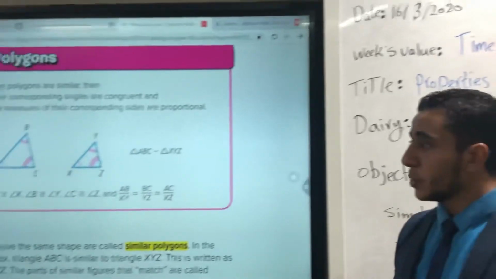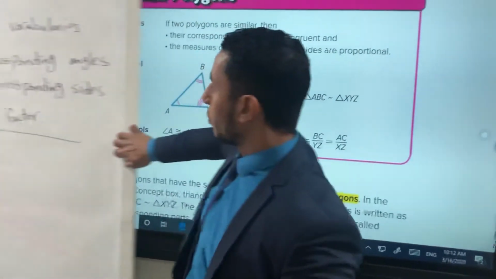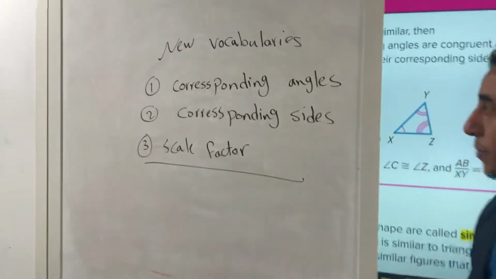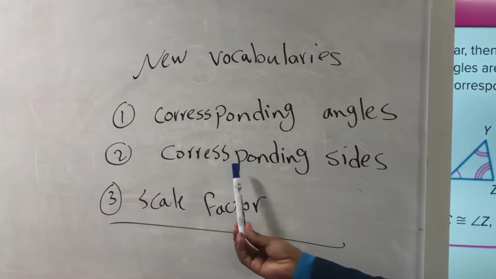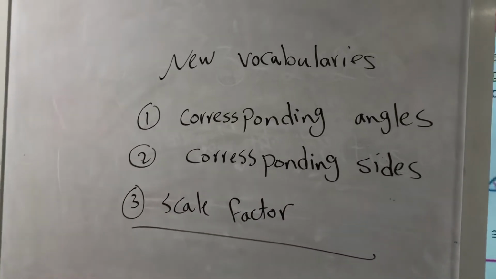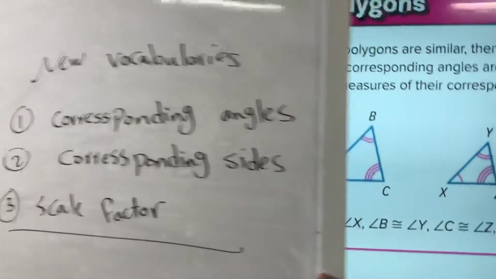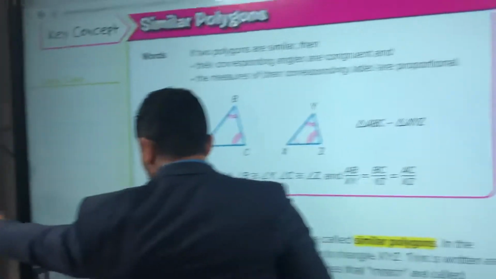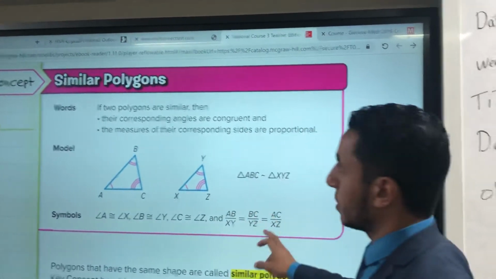Okay, before we start, we have these beautiful tablets, as you can see, which are corresponding sides, corresponding angles, and the scale factor. And today we are discussing these words. Similar polygons.